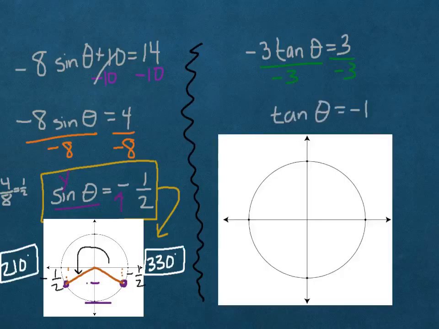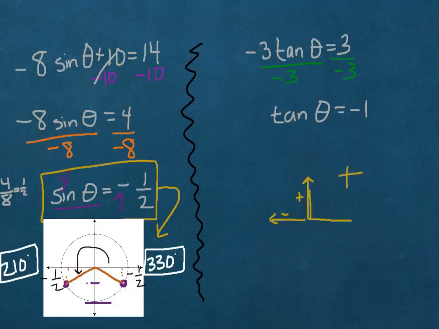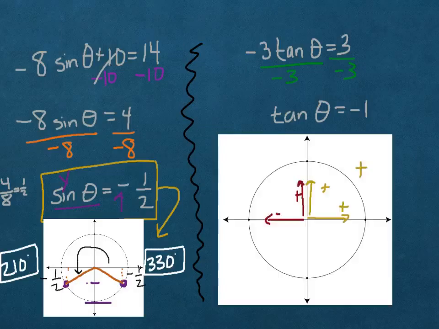So we're now thinking about where tangent would be negative. If we have one, like here's positive, positive, so it's going to be positive. If you go back negative and you go up positive, you have to think about tangent being opposite over adjacent, or sine over cosine.